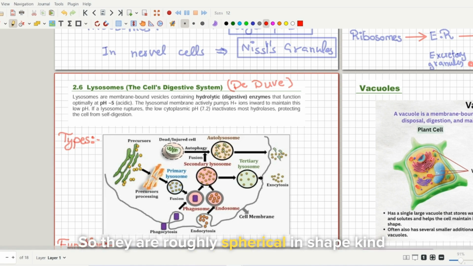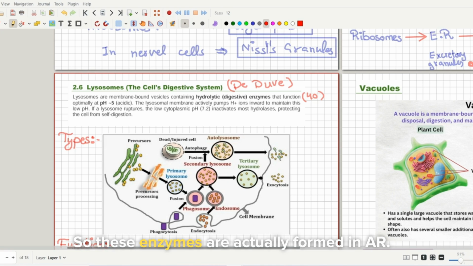They are roughly spherical in shape and single membranous, as you already know. The major thing is that they have digestive enzymes, and the digestive enzymes are called hydrolytic enzymes. There are about 40 hydrolytic enzymes, like carbohydrases, lipases, proteases, nucleases, so many types of enzymes. You have to know that in your cells there are about 40 hydrolytic enzymes, and you know where these enzymes are formed.